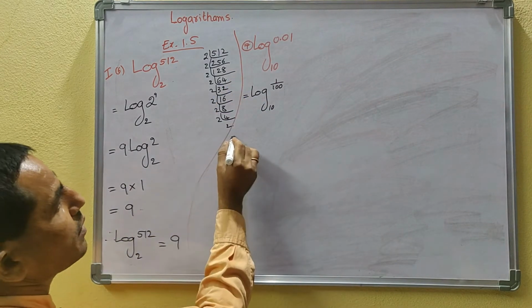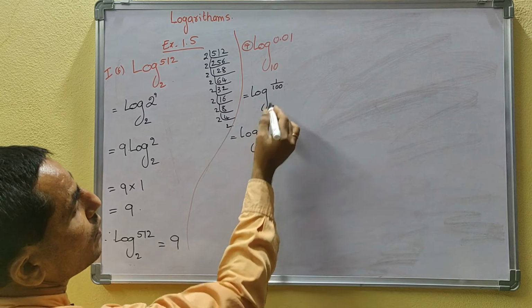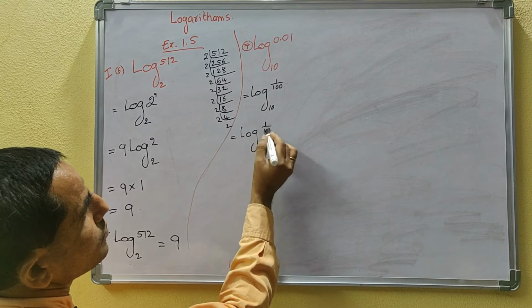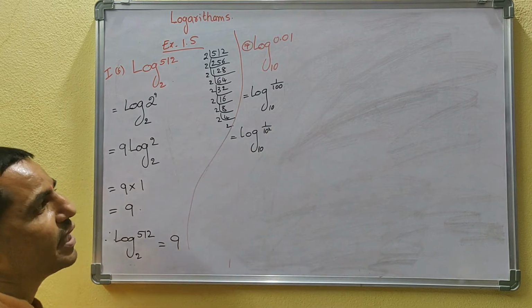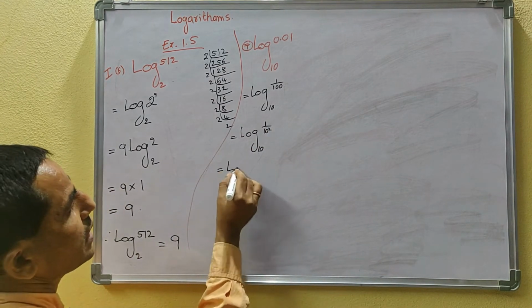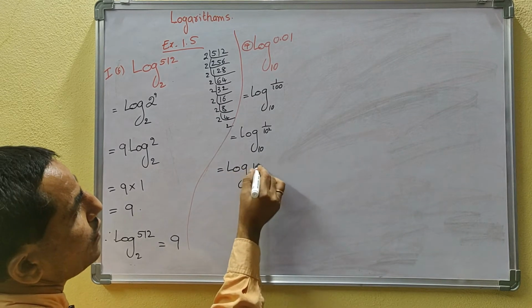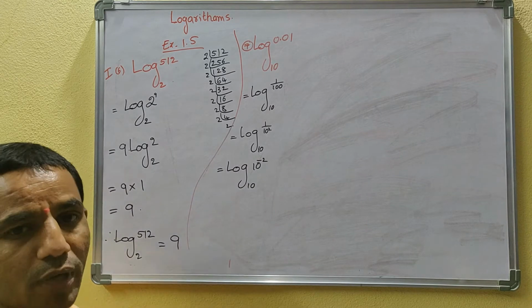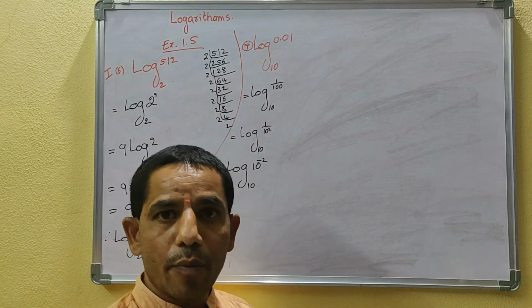So again it can be written as log 1 by 10 square, base 10, since 100 can be written as 10 into 10, meaning 10 square. Again it can be written as log 10 to the power of minus 2 base 10, since 1 by a to the power of n is equal to a to the power of minus n.